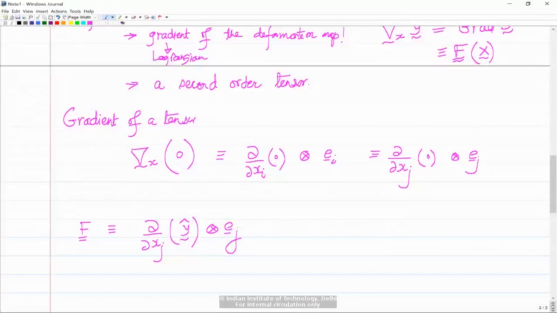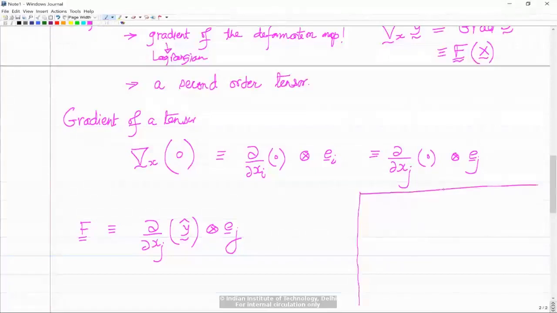Hasn't this been taught in the math class, the tensor product? See, so therefore you had to read my lecture notes. You haven't read it yet.